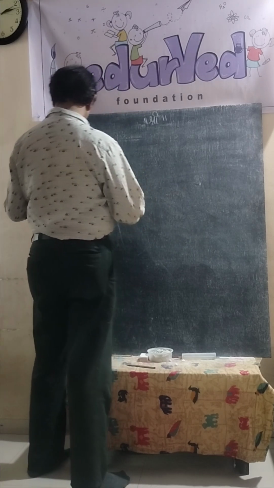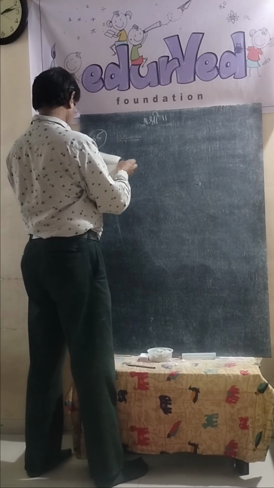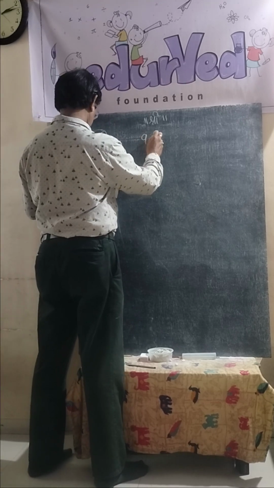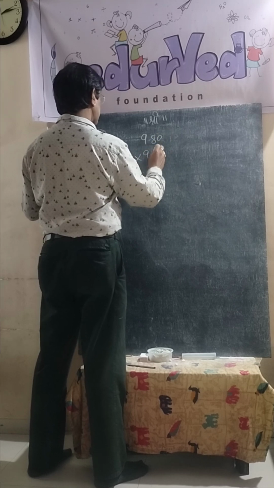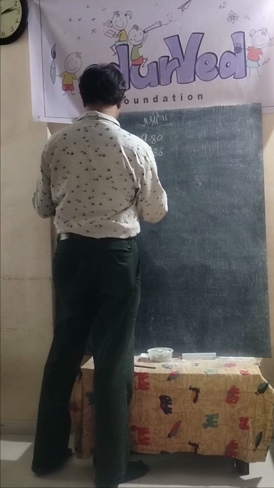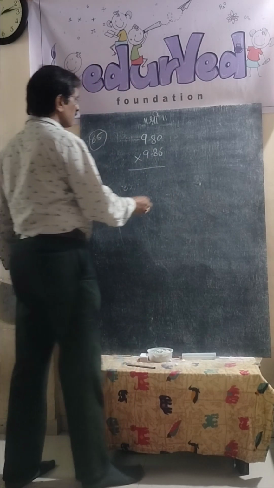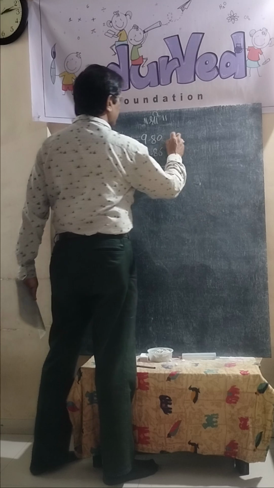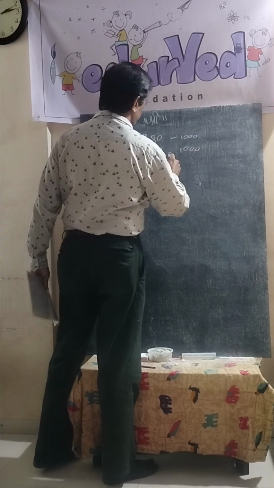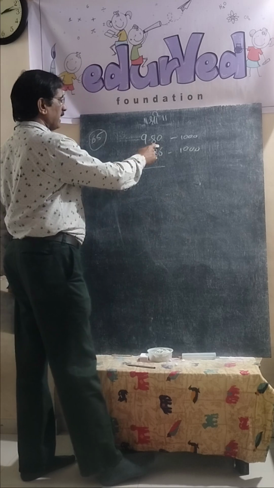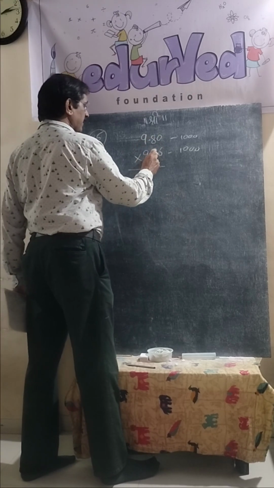Let's see the 65th sum. 9.80 into 9.86. Now the base number over here is 1000. So you write minus 1000 over here and minus 1000 over here. Firstly we forget the decimal sign; we will consider it later on.